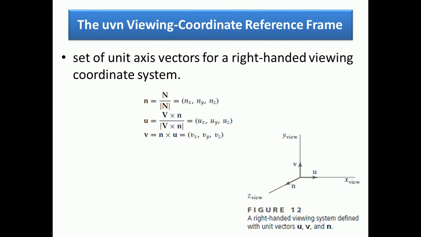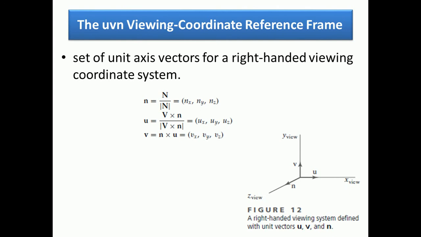In UVN, U should be perpendicular to both N and V. As you know already, N and V should be perpendicular. So the other component U, the third vector, should be perpendicular to both N and V. Vector U then defines the direction for the positive X view axis.